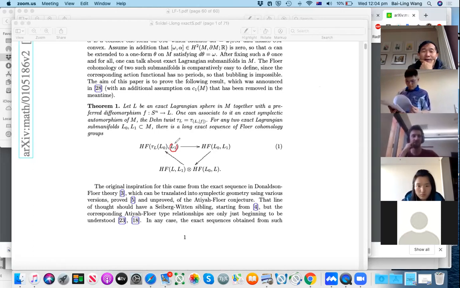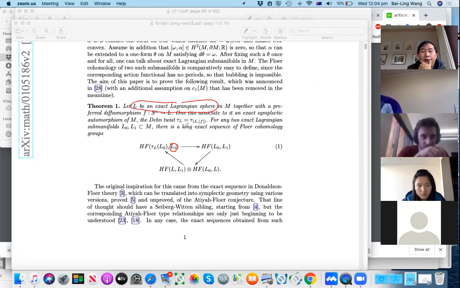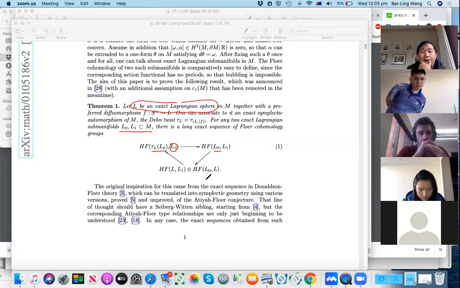If you look at this, you're starting with a Lagrangian sphere, which is L, and then you have two Lagrangians. So you apply the Dehn twist to one of them, and that is L1.